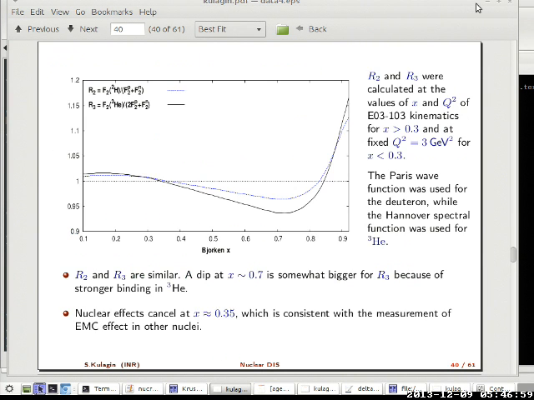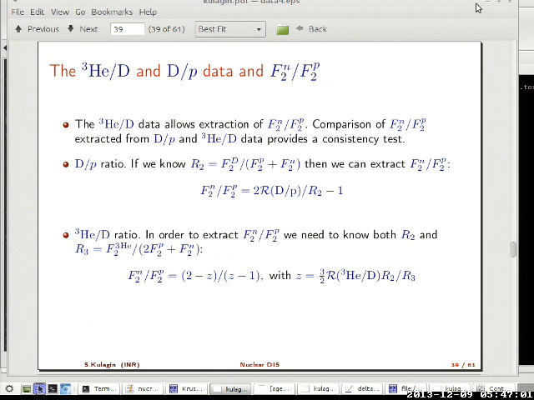Okay, so when we talk about light nuclei, we discussed a lot in the previous sessions about consistency of different models.